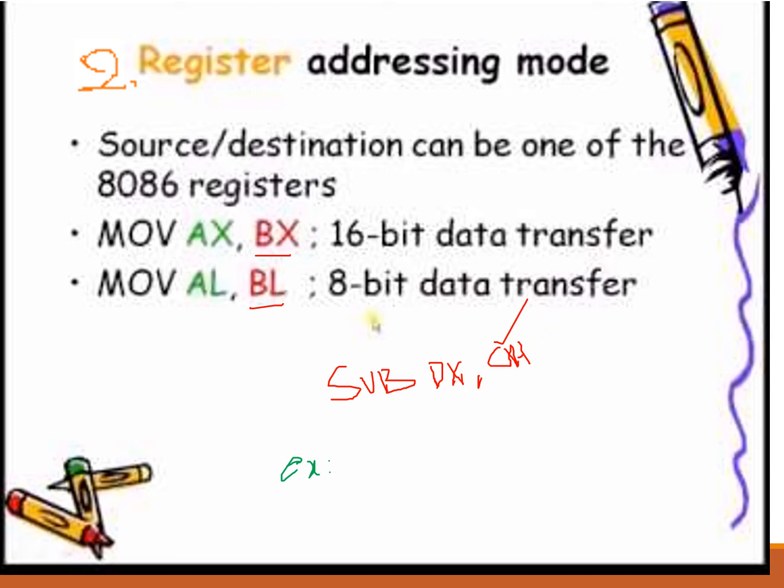Apart from these, you can use any other instruction and write the example, but you must use register addressing mode only. I'm giving you 40 seconds; within 40 seconds everyone must give at least one example. You can write multiple examples using different instructions, but only register addressing mode. Your time starts now.